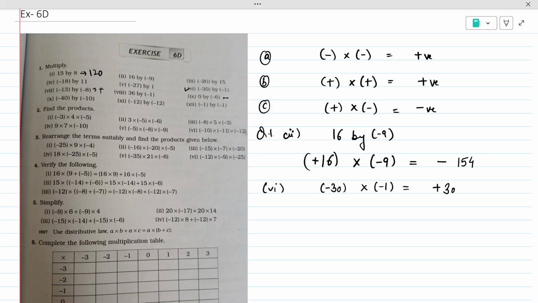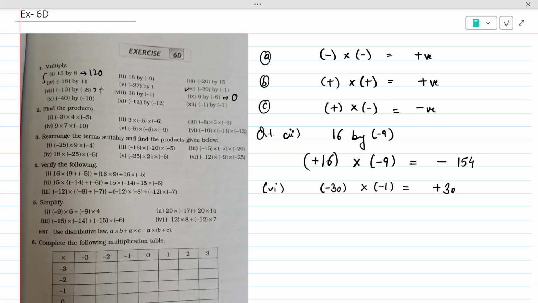We know that whenever we multiply 0 with any number, the answer will always be 0. And no sign, because it is not a positive, not a negative integer. Then we have 10th, minus 40 by minus 10. So minus into minus is plus, and then the product of 40 and 10. Similarly, we have to do 11th and 12th also.